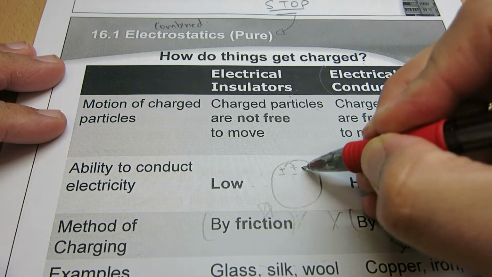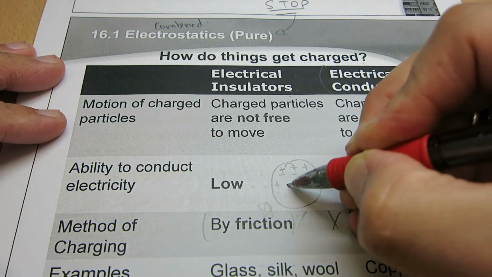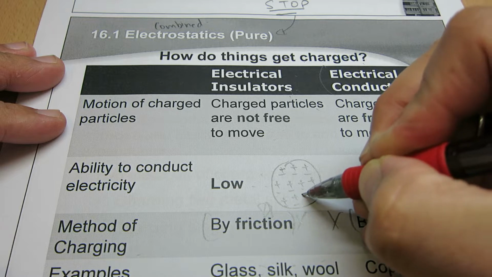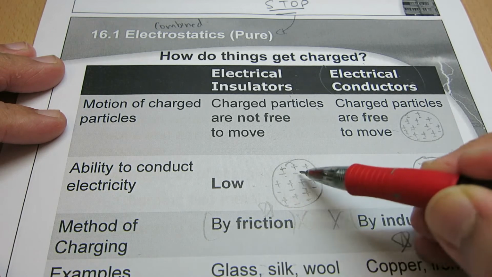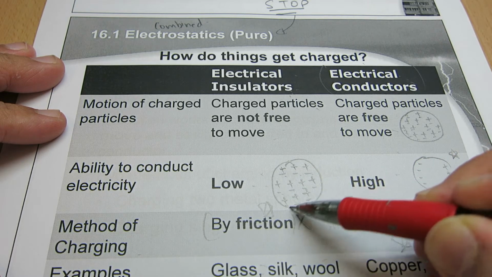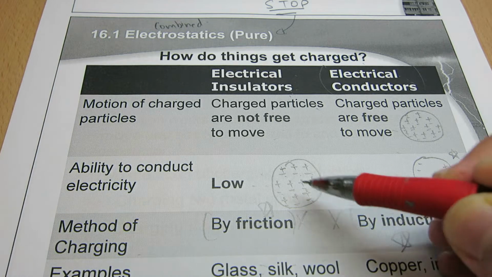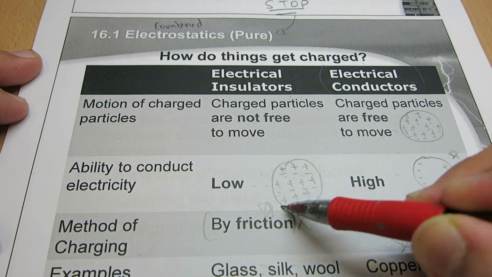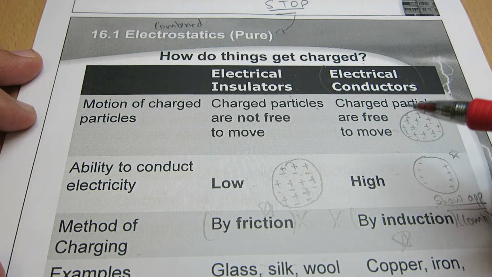So they are all made of plus minuses here. But take note, the electrons are the ones that can be removed or added on. The nucleus is the main core of the atom, and it doesn't usually move.